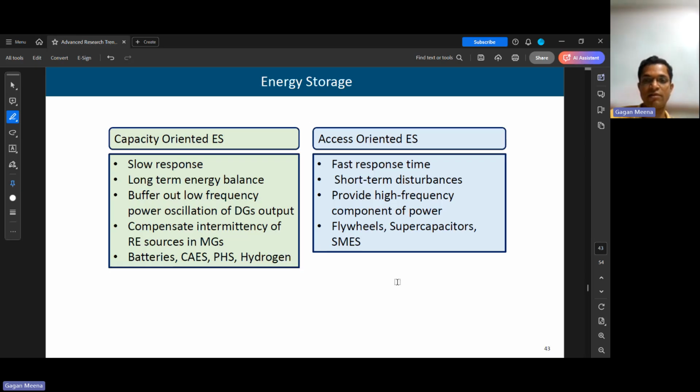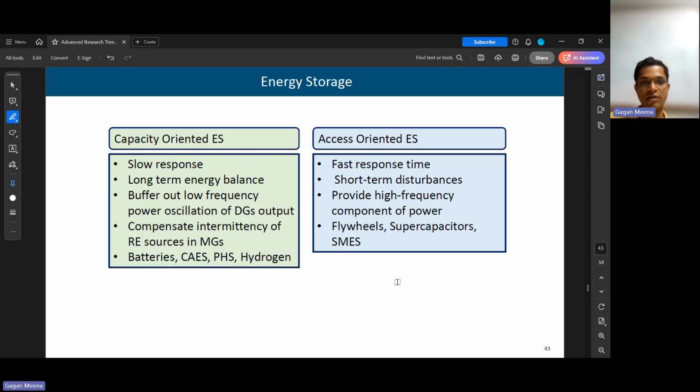They provide the high frequency component of power. For example, flywheels, supercapacitors, and SMES, superconducting magnetic energy storage. These are the options for access oriented energy storage, which have very fast response time and address short-term disturbances.